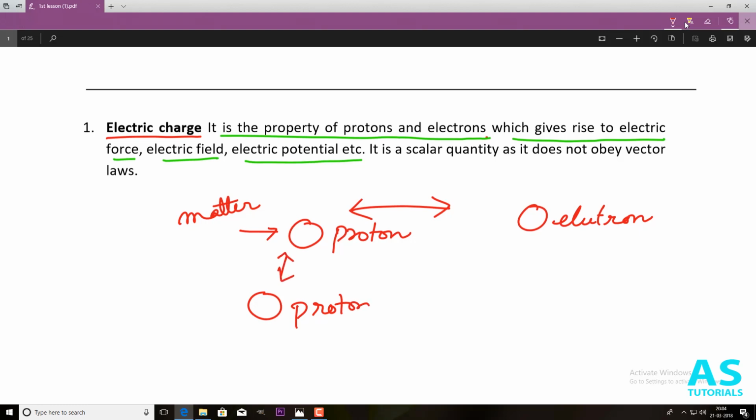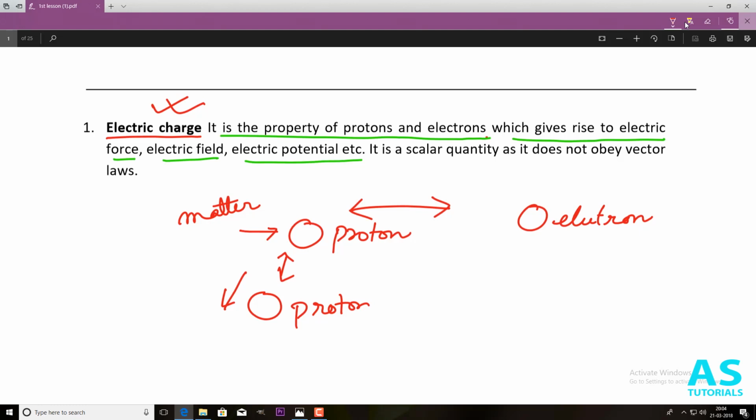Between protons there will be repulsion, between proton and electron there will be attraction. So this property possessed by matter such as proton and electron would be called electric charge.